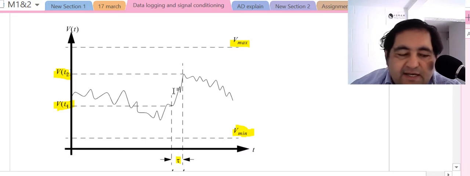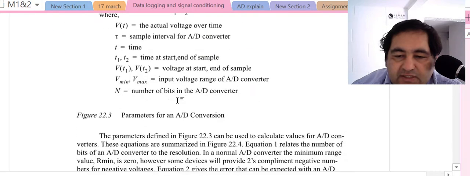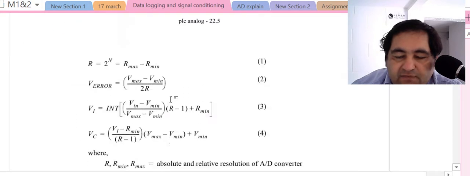And we realize that there definitely has to be a good number of samples, and we need to make sure that we have enough samples. If we don't have enough samples, for example if we take one sample from here to here, what's going to happen? We are going to miss everything that's happening in the signal from here to here. So it's important that we look at that carefully.